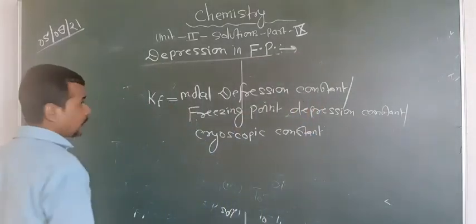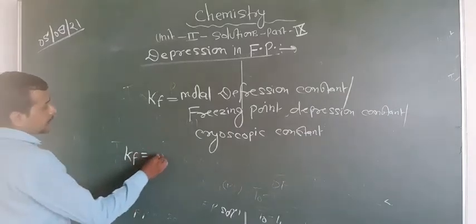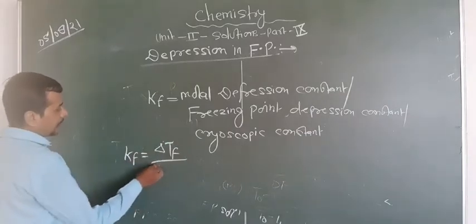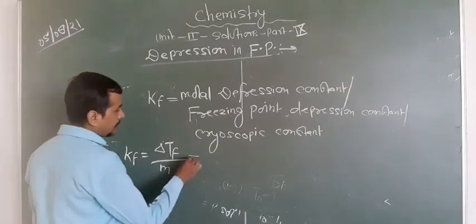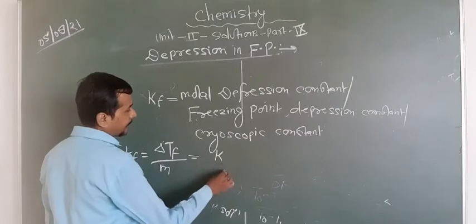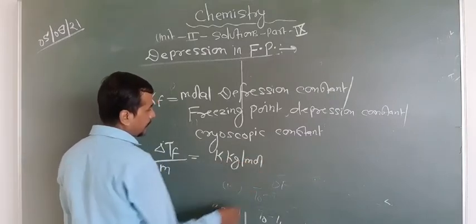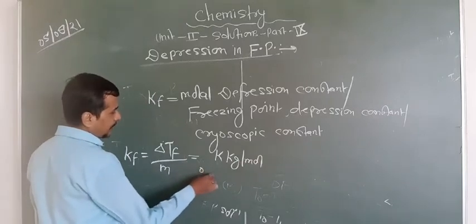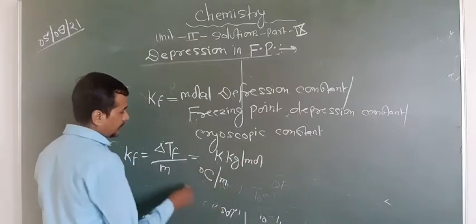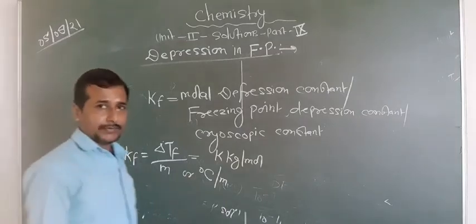Now the second thing you have to know is the unit of this. So KF is equal to delta TF divided by molality. Similarly as for KB, they have the same formula again. So the unit is K kg per mole. You can write it like this, or you can write degree centigrade per molality. So in this way you can find the unit of KF.